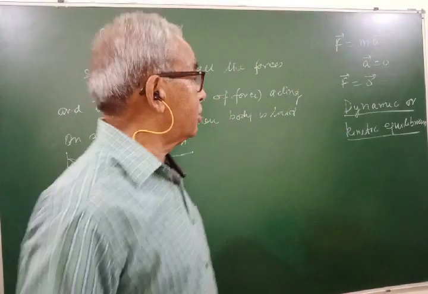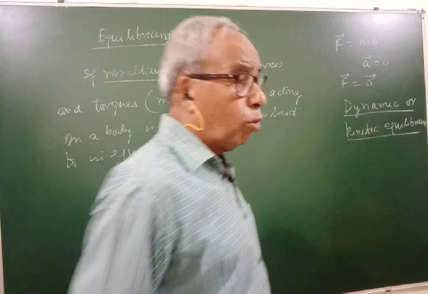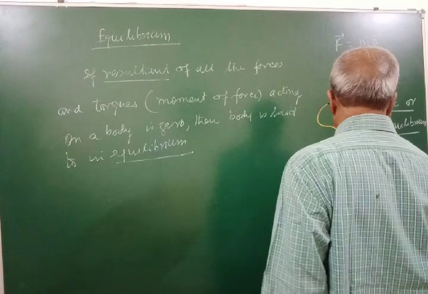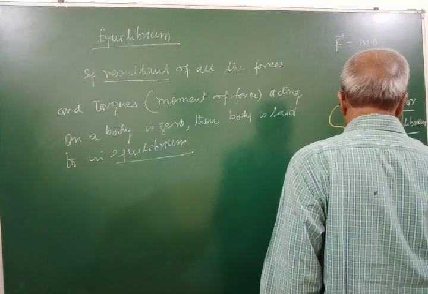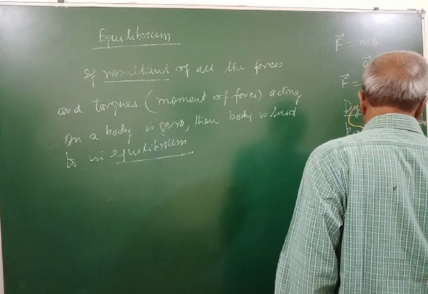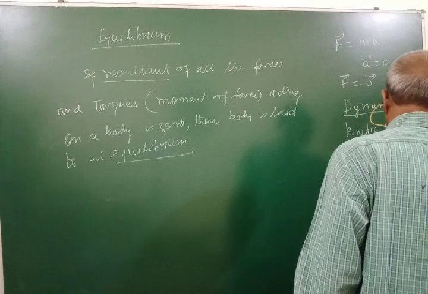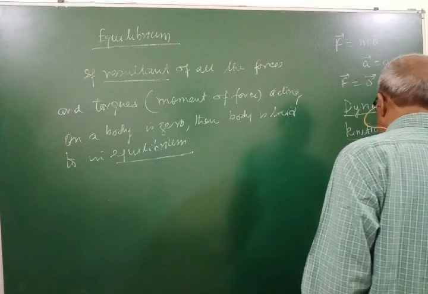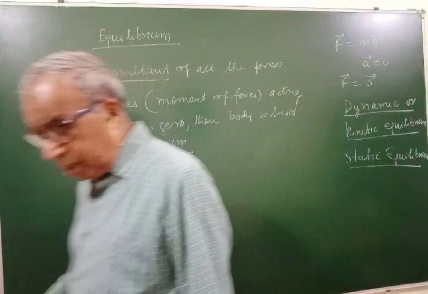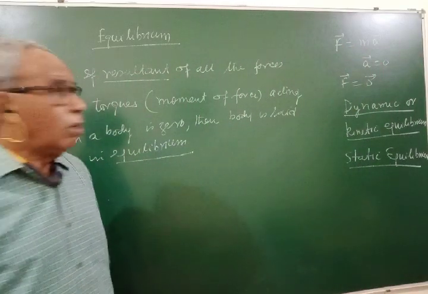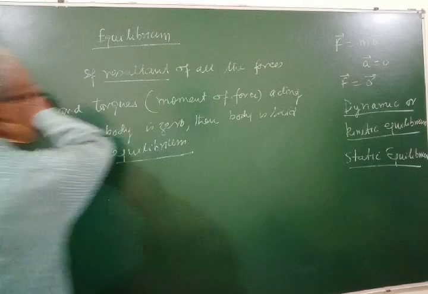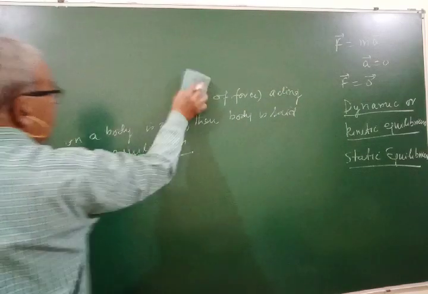Now if a body is at rest and no net force is acting on it, that is called static equilibrium. These terms teachers do not teach in the class, and students feel a lot of problems when confusion surrounds them.